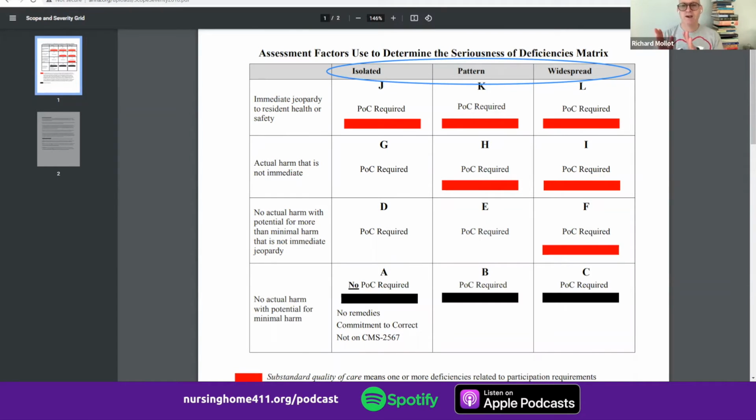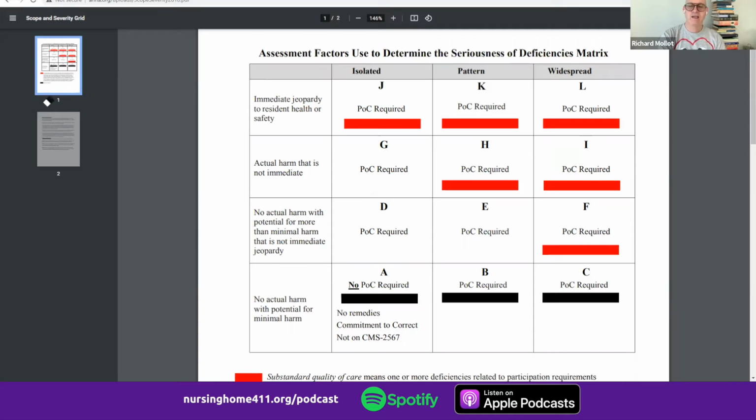Okay, so what is the level of the violation? Is it, for instance, one person who had a medication error, or are we seeing a pattern of medication errors in the facility, or is it very widespread? Are we seeing throughout the facility that there are some serious issues? And then the second thing, so that's the scope.